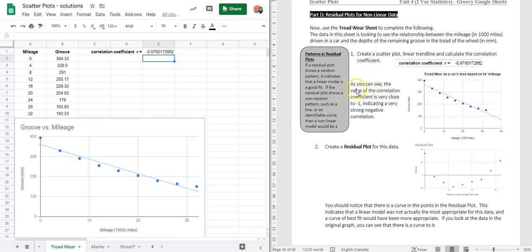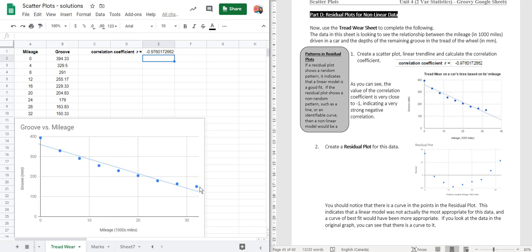You can see from the value of the correlation coefficient that it is very close to -1, indicating a very strong negative correlation. However, if you take a look at the data, you can see that there is a curve to the data. In this section, the points are still very close to the line, giving it a strong correlation that looks linear. But if you take a look at the graph, it looks more like a curve.